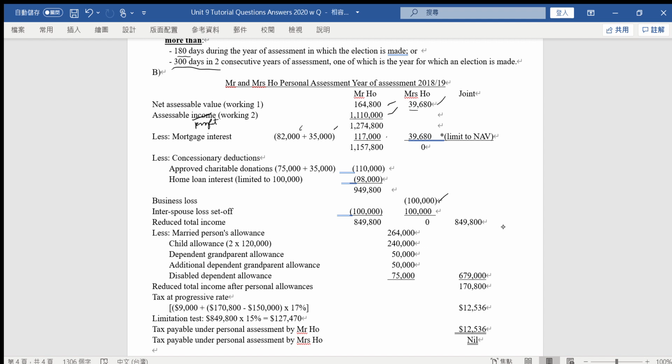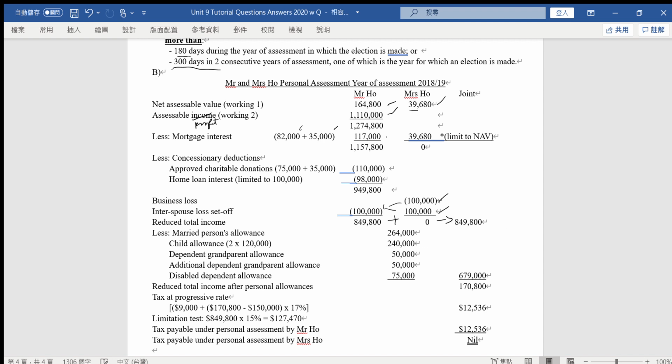Okay, that's why that will be transferred, but you cannot transfer like this, you should add, and that's why you add here, and then I will transfer the figure right here. Okay. Okay, then finally it doesn't have any. Okay, and then all the figures will be under Mr. Ho, and then you aggregate.